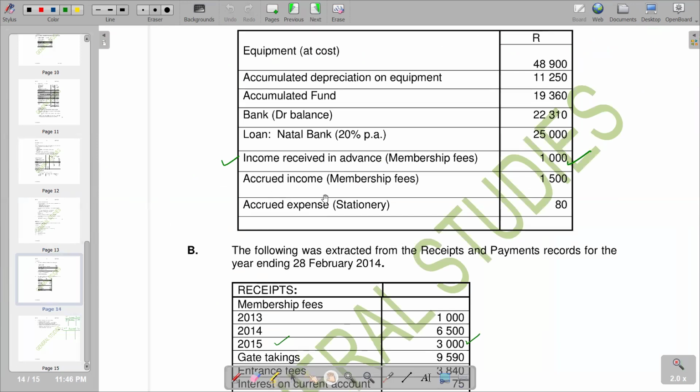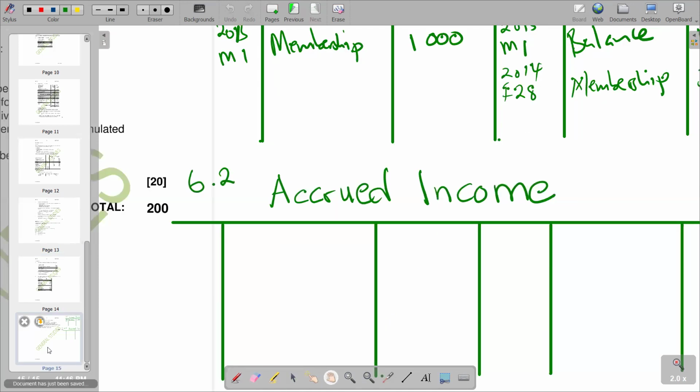It gives accrued income membership fees as 1,500, which is going to go to the debit side. So here we say balance, this is on 2013 March 1, and that way it's 1,500.